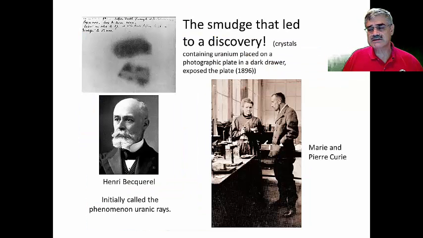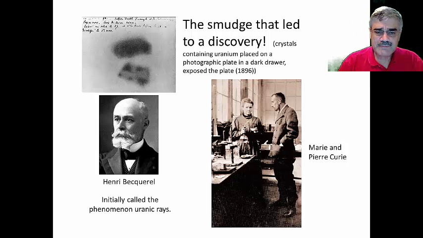Now, if this is such an important phenomena, why have we only known about it for the last 100 years or so? Well, it took research. The upper left of this slide shows you what I call the smudge that led to the discovery. And here's a story. Henri Becquerel, a noted scientist and part of a family of noted scientists, happened to place a sample that contained uranium inside a drawer wrapped in a black cloth on top of a photographic plate.